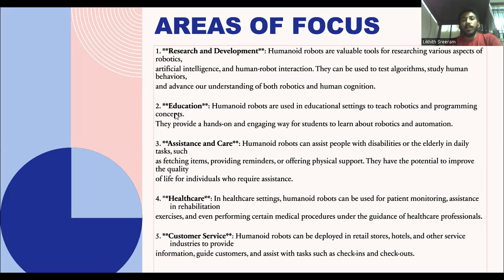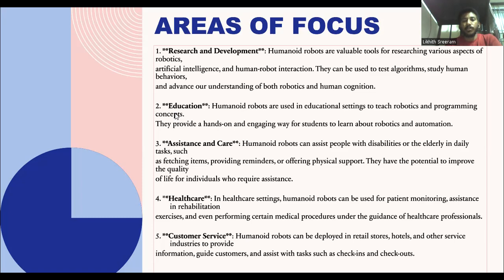Research and development: humanoid robots are valuable tools for researching various aspects of robotics, artificial intelligence, and human-robot interaction. They can be used to test algorithms, study human behaviors, and advance our understanding of both robotics and human cognition. Education: humanoid robots are used in educational settings to teach robotics and programming concepts.